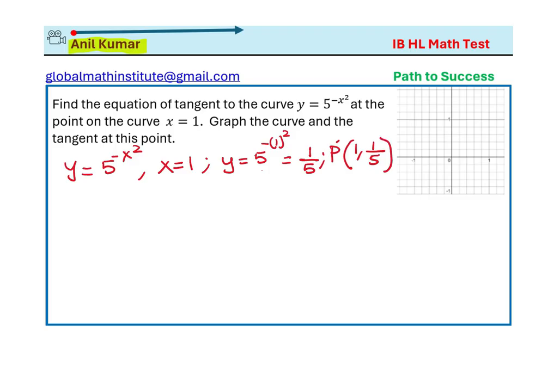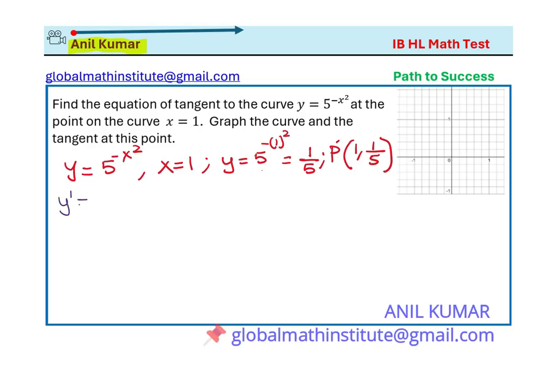So we have a point on the curve. Now, to find the equation of the tangent line, we'll find the derivative. I hope you remember the formula. For any exponential function, when you take the derivative, you get the function itself, times ln of the base, times the derivative of the function that is at the exponent.